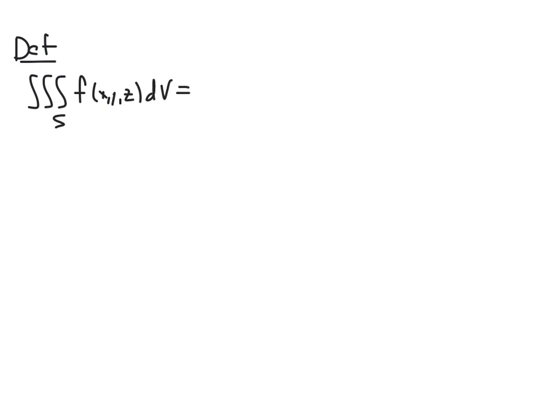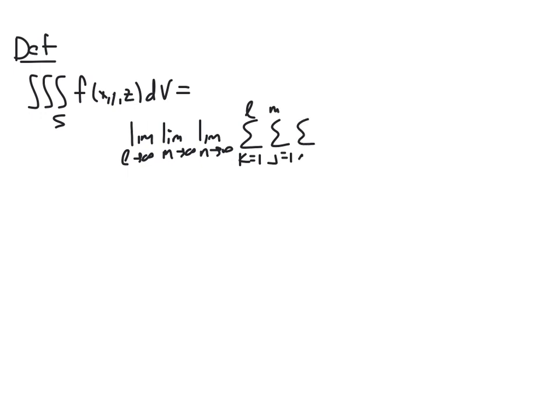And it's going to be defined as the limit as L goes to infinity of the limit as M goes to infinity of the limit as N goes to infinity, so a triple limit of a triple sum: k equals 1 to L, j equals 1 to M, i equals 1 to N of our function evaluated at our chosen point, dx, dy, dz.